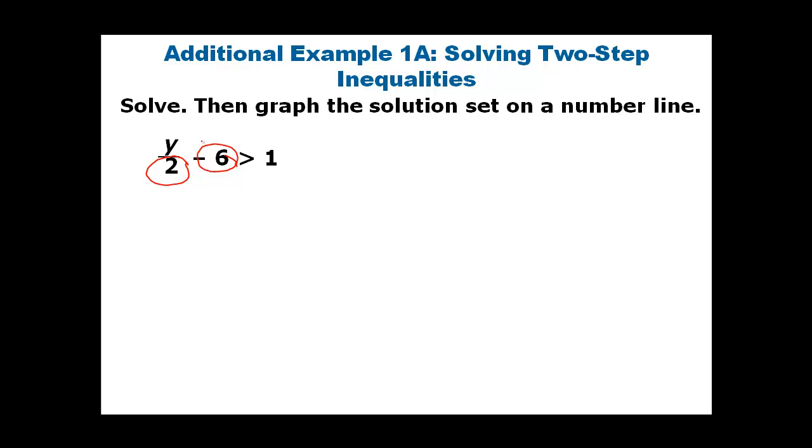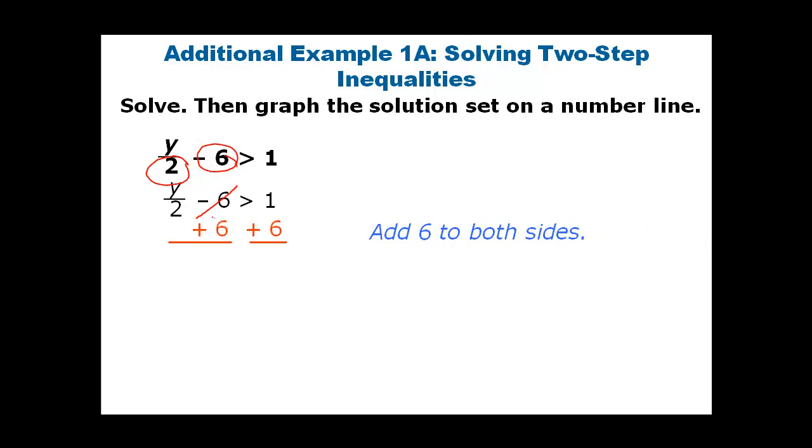I will start with the 6, because we inverse the order of operations. The order of operations starts with multiplying or dividing and then goes to adding and subtracting. So now we will inverse, so it will be adding or subtracting first. The first step here is to add 2 to both sides.